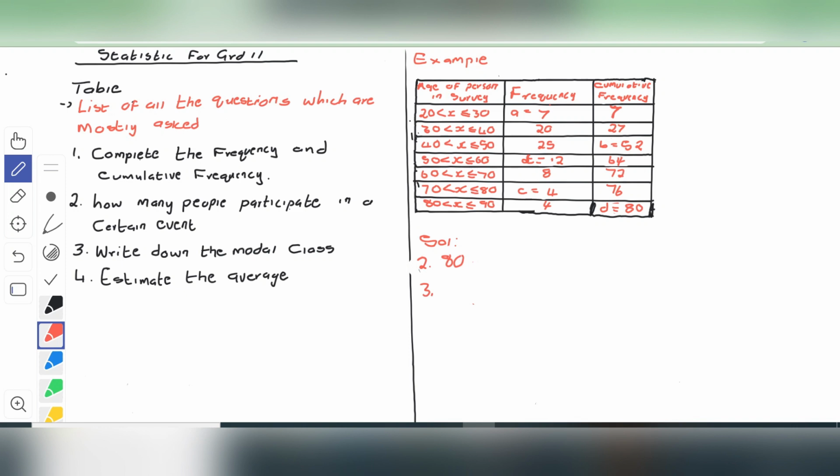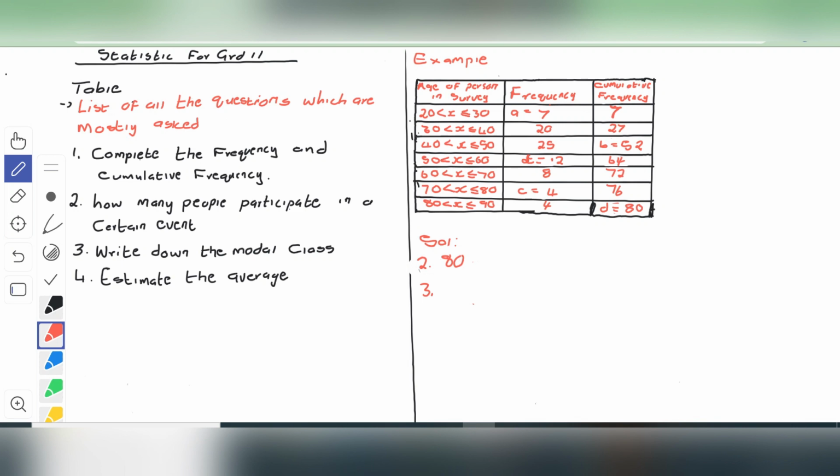So whenever you are writing down the modal class, you are going to check the highest frequency. From the table that we are given, what is the highest frequency? We can see that the highest frequency is 25, right? So our modal class is 25.